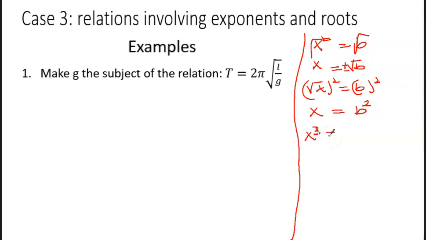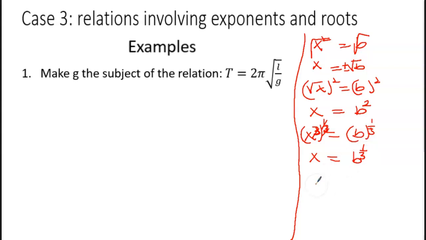If x cubed is equal to b and you want to find the variable, then you have to raise both sides to the power 1/3, which means taking the cube root on both sides. So this 3 will cancel, so x becomes the cube root of b, or b raised to the power 1/3.